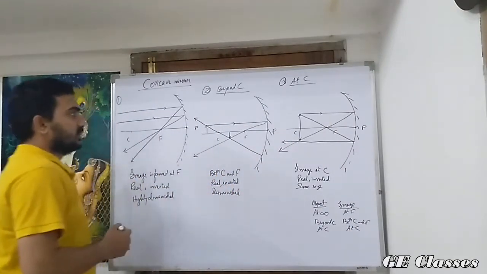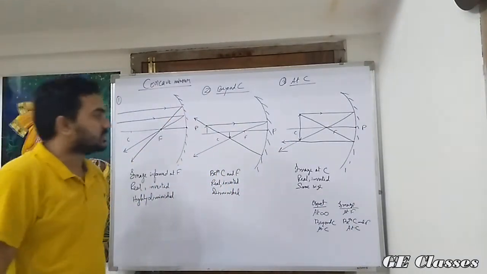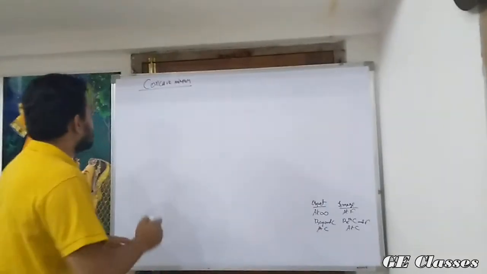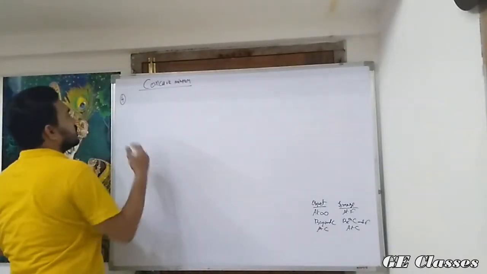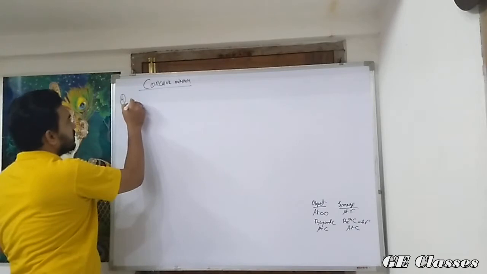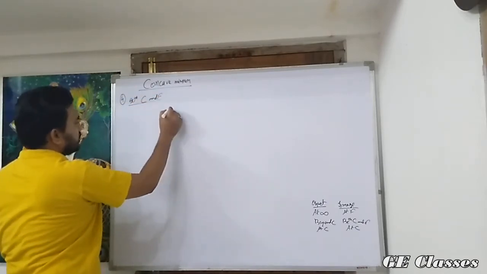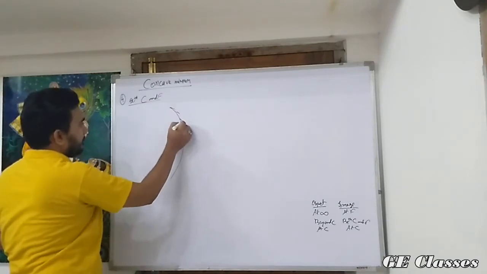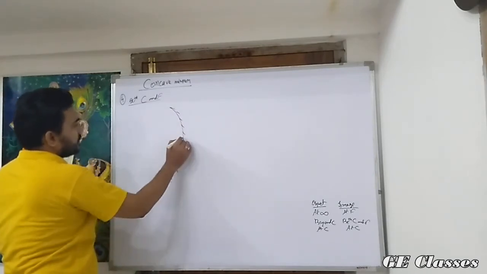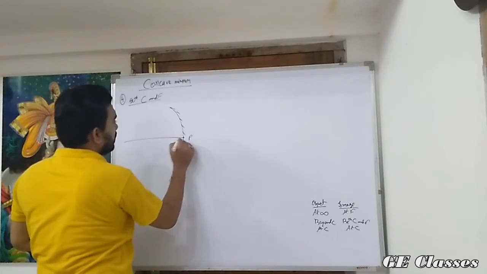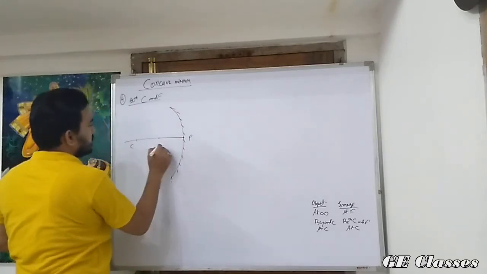So now let us talk about the other three cases. Coming to the fourth case, we will place the object somewhere between C and F. This is the mirror, this is my pole, focus and center of curvature.